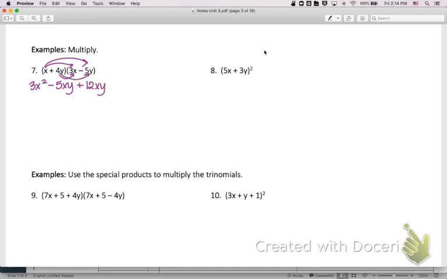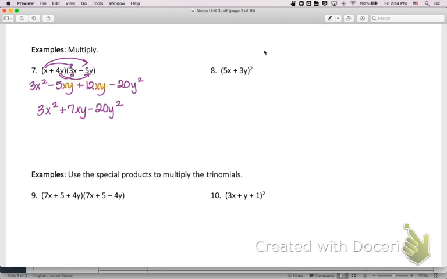And then the last one gives us minus 20y squared. We want to make sure that we put the variables in alphabetical order because it makes it really clear when we have like terms, which we do in the middle. So we end up with 3x squared plus 7xy minus 20y squared. And that would be the answer there.